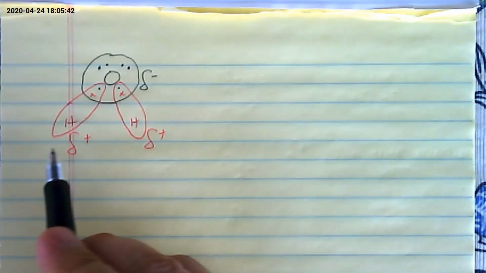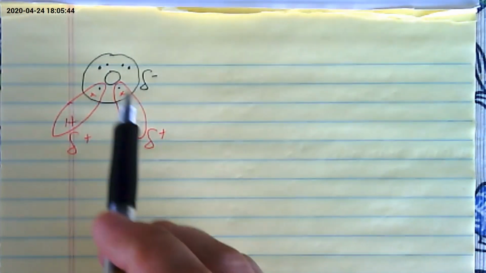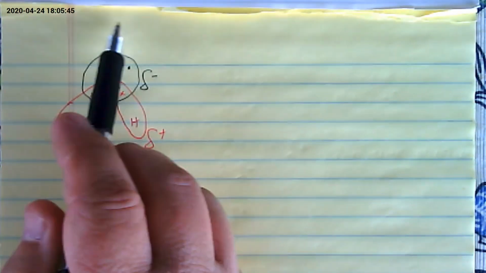Again, can you take this molecule and fold it in two directions and match up? And the answer is no. So the main question you want to ask yourself is, is it symmetrical? And the answer is no. Since it's not symmetrical, this is a polar molecule, which by definition has a positive side and a negative side.